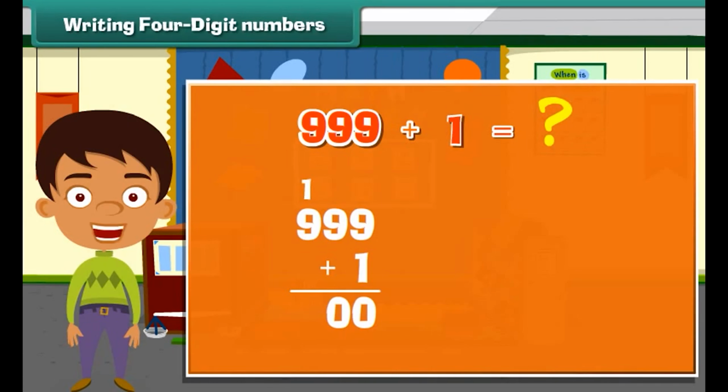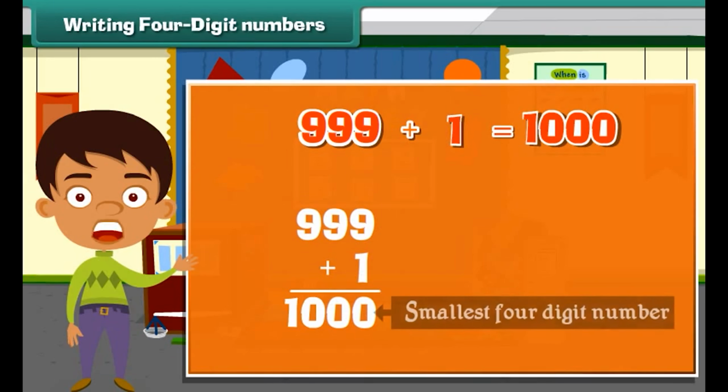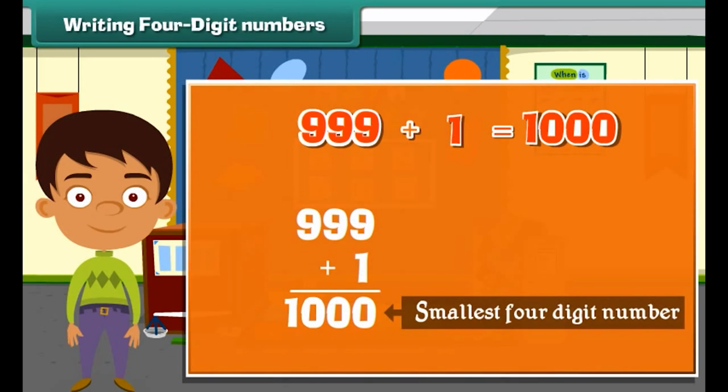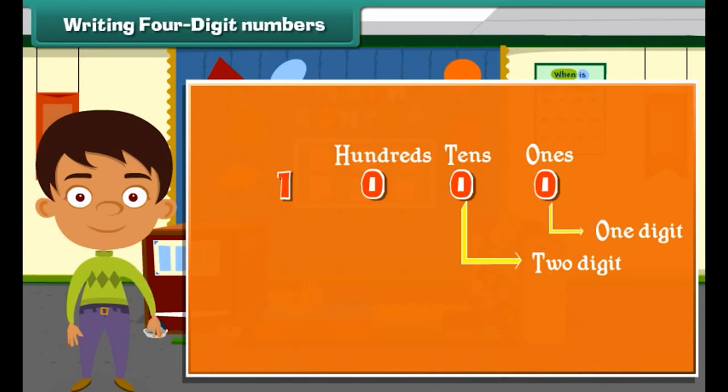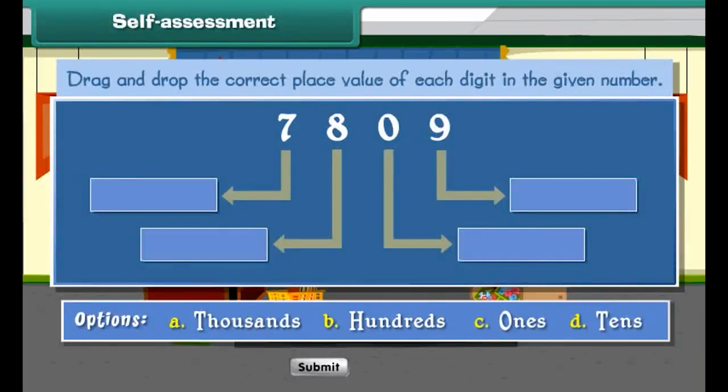Again, 9 plus 1 is equal to 10. Write 10. 999 plus 1 is equal to 1,000. 1,000 is the smallest four-digit number. A four-digit number has four places. Starting from the extreme right, there are ones, tens, hundreds and thousands.